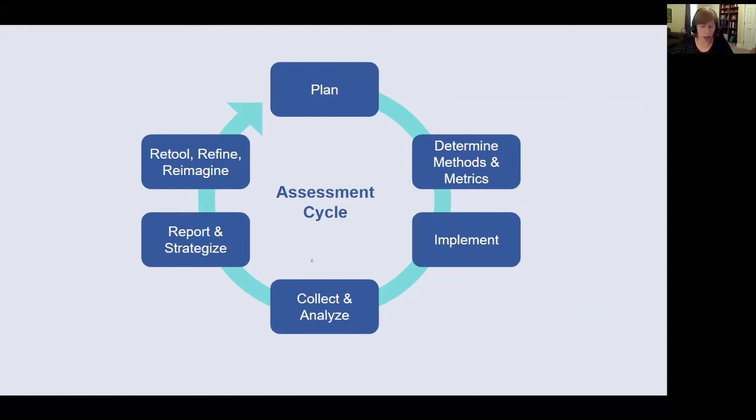So I mentioned that doing assessment is a very intentional process, and I find that it typically works best if you follow a certain order of events. You know, sometimes some of these steps swap out or happen in different orders, but this is the logical flow of things. So assessment, again, flows in a continuous cycle, and it should begin with a plan.